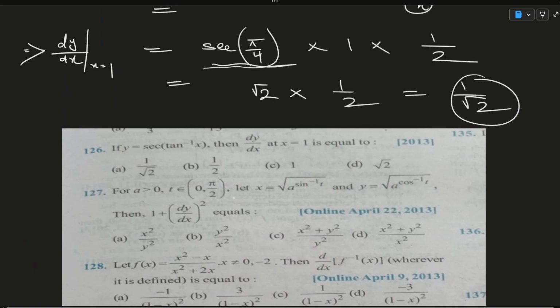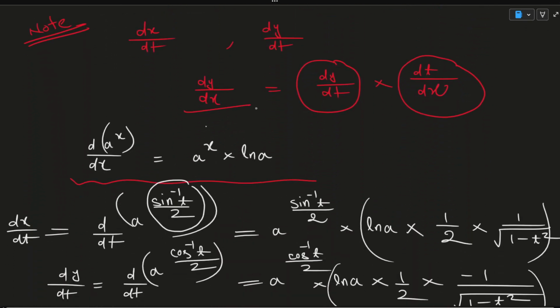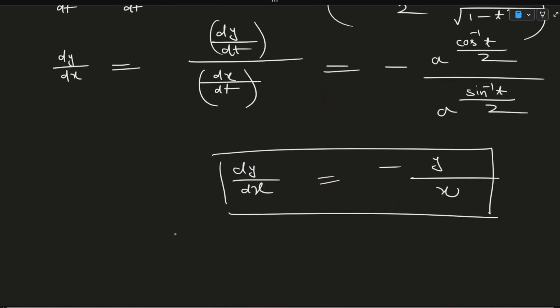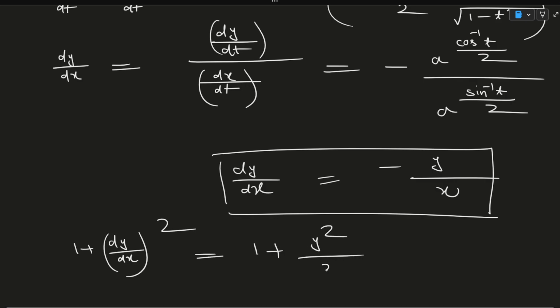Oh, sorry, we have to evaluate what? 1 plus (dy by dx) whole square. So we have already evaluated dy by dx. Now we have to evaluate 1 plus (dy by dx) whole square. So it will be 1 plus y square by x square.